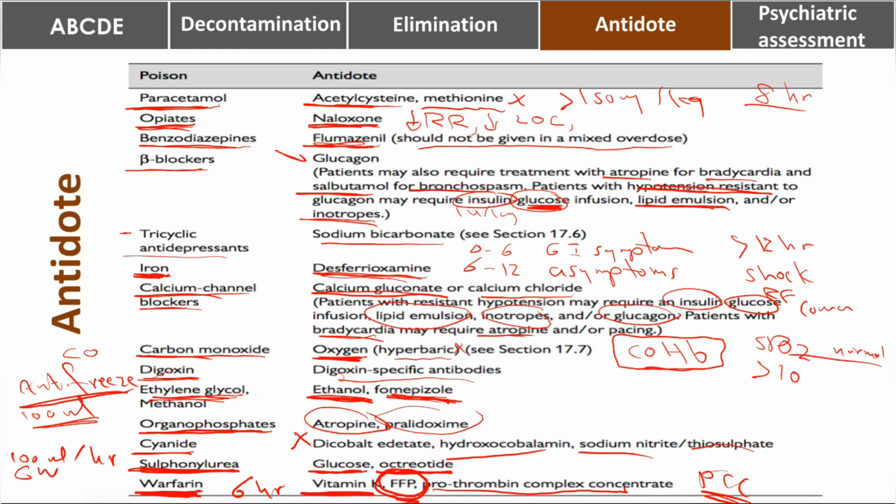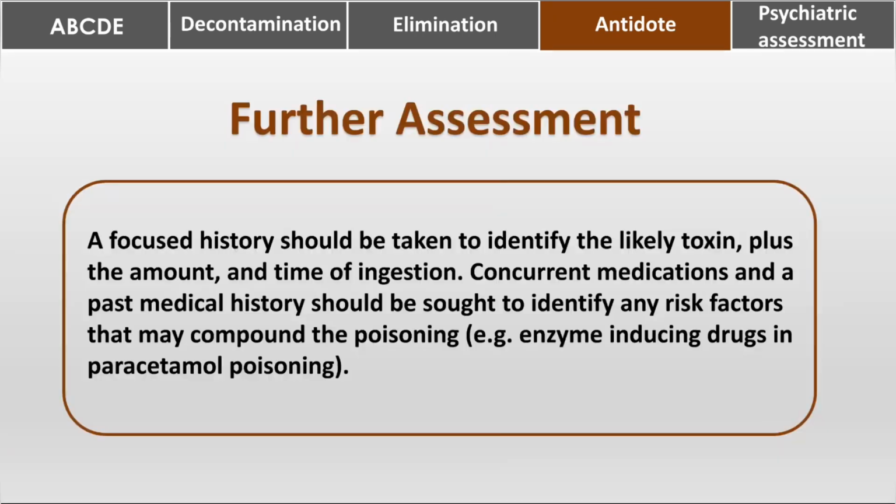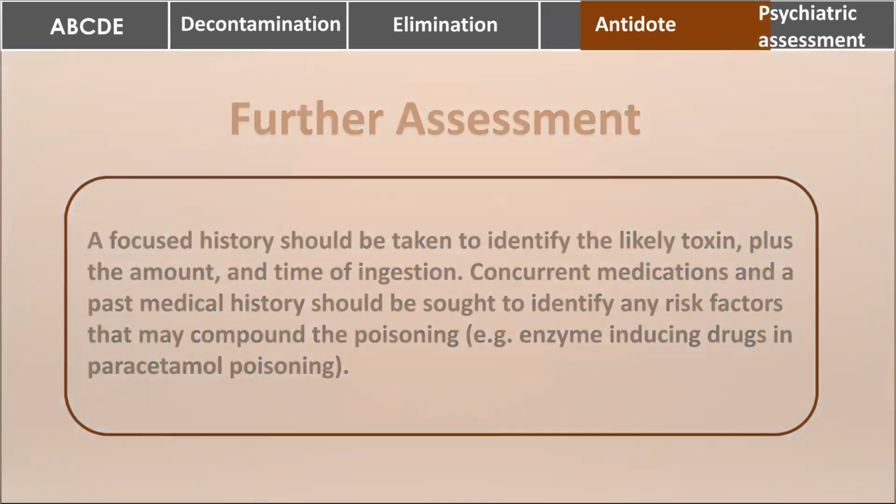Then after you have given the antidote, a more focused history should be taken from the patient to identify the likely type of toxin, plus the amount that has been taken, the time of the ingestion, and also the medications that the patient is concurrently taking, because some drugs have side effects and also interactions with each other.